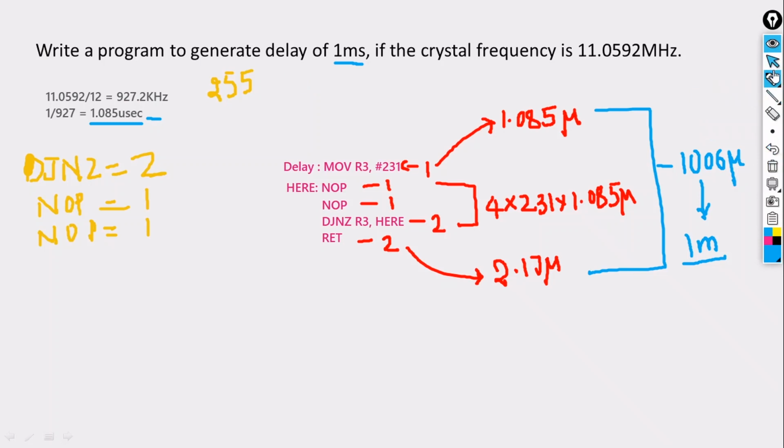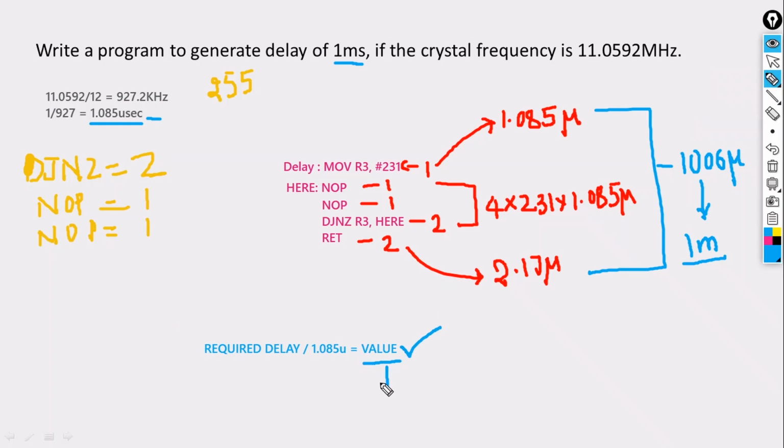The formula is: required delay divided by 1.085 microsecond. This gives us some value, and that value will be our count. From this we find out what the count should be.